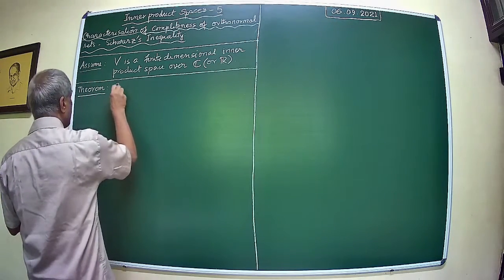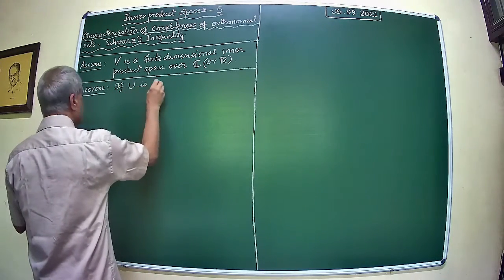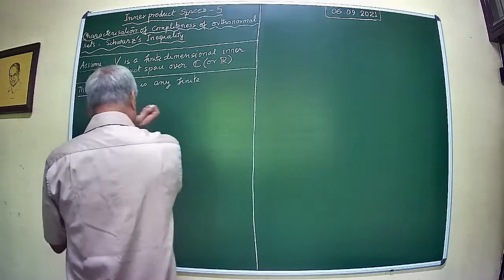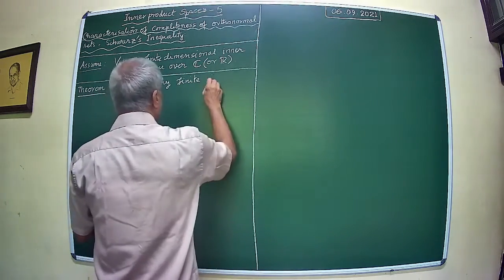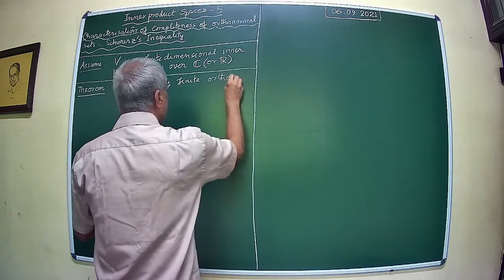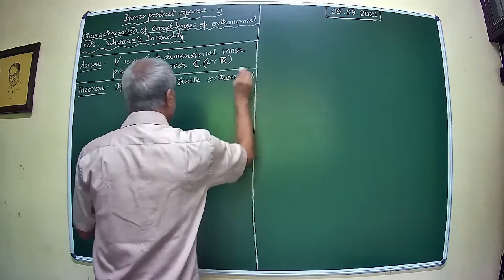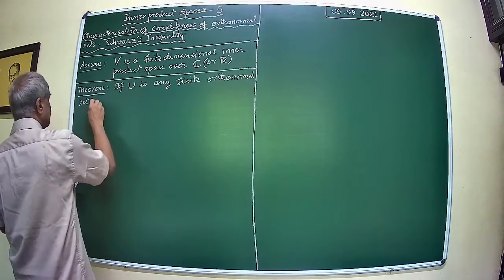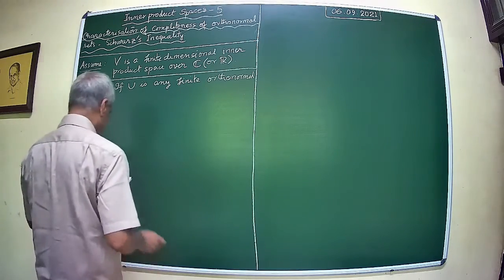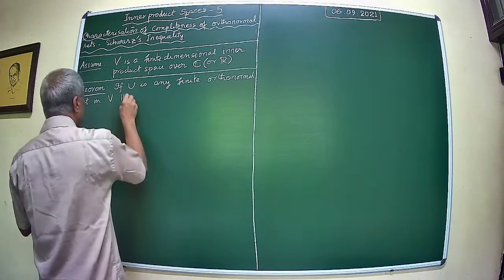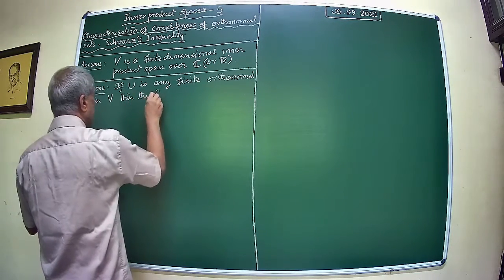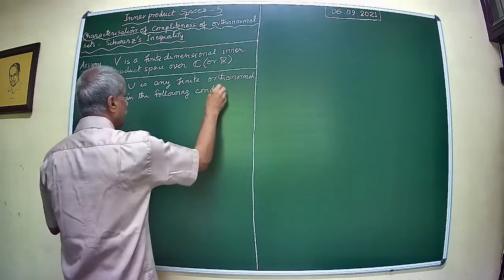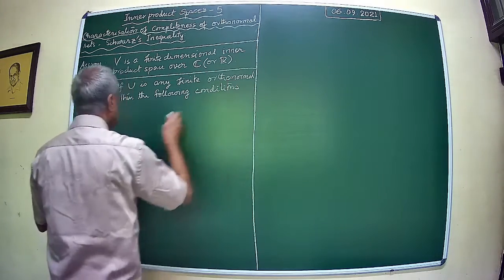If U is any finite orthonormal set in an inner product space V, then the following conditions are equivalent.